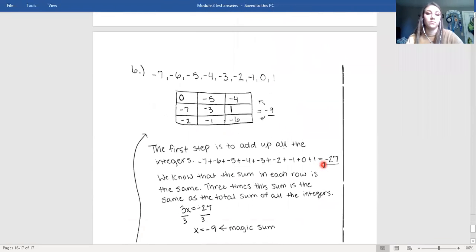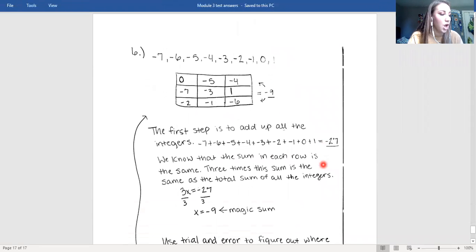Okay, 6. Making a magic square. So they're giving us -7, -6, -5, -4, -3, -2, -1, 0, and 1. The first step is to add up all the integers, all the ones they've given us, which equals -27. We know that the sum in each row is the same. 3 times this sum is the same as the total sum of all the integers.